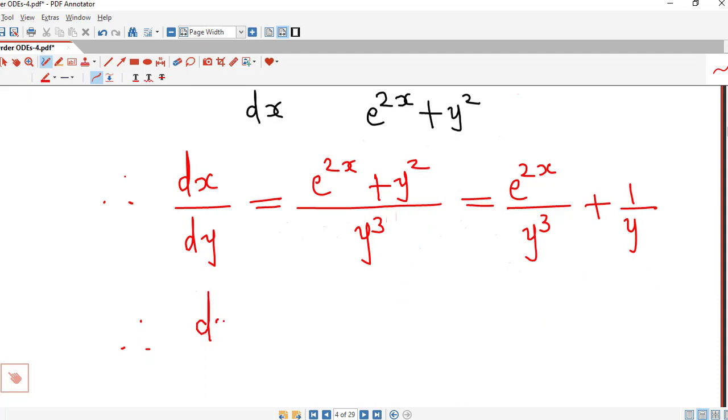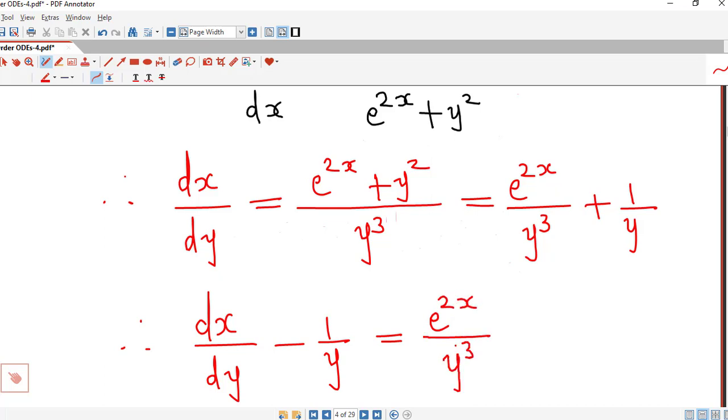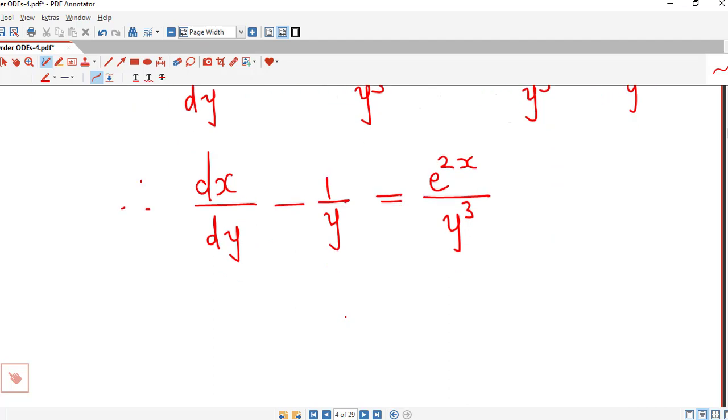Therefore now we take this minus 1 by y to this side, and keep this as it is, e raised to 2x over y cube. Now the right hand side must be a function of y only, so we can divide by e raised to 2x. In the next step we divide both sides by e raised to 2x.